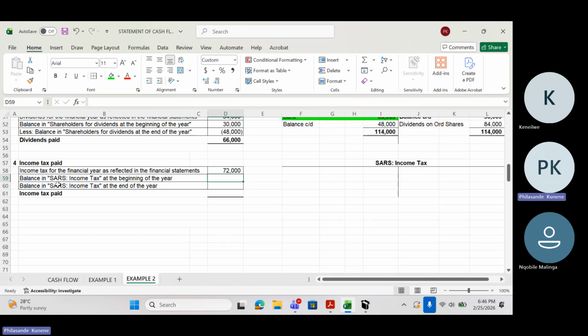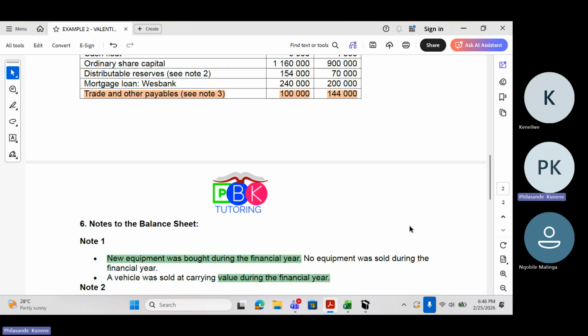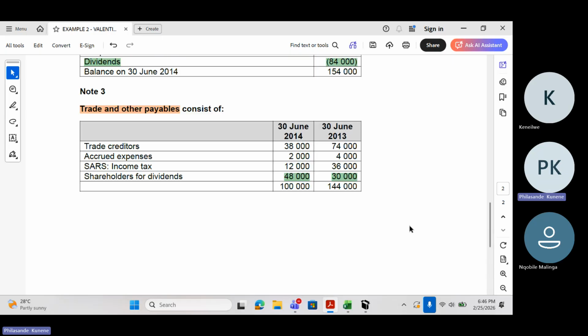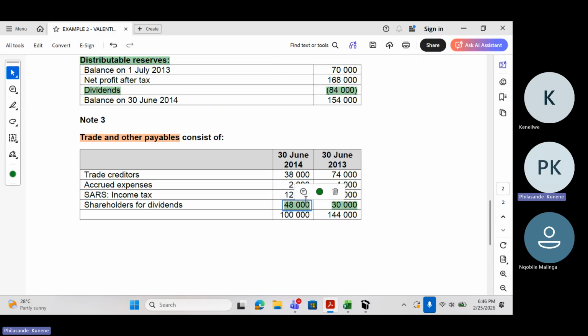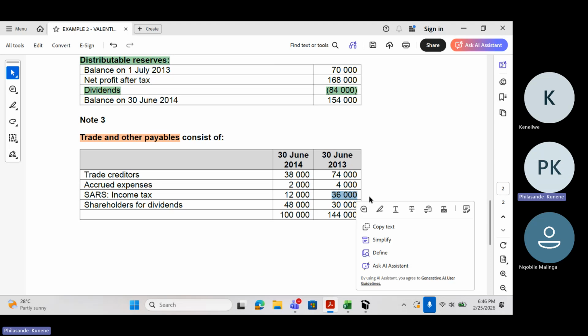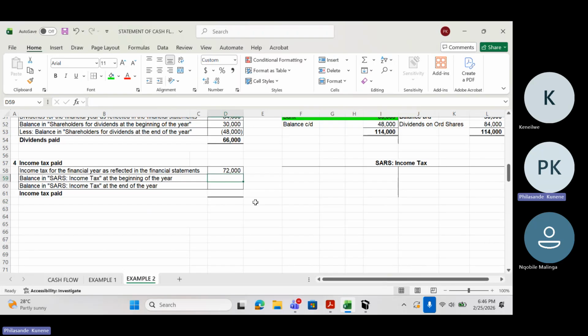Then now, balance in SARS income tax at the beginning of the year. How much was it? We're going to get it on the trade and other payables note. We can see here we have 36,000 rands. That is the SARS income tax at the beginning of the year. I'm going to have 36,000 rands.